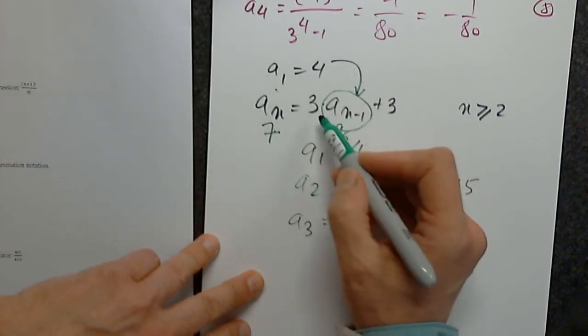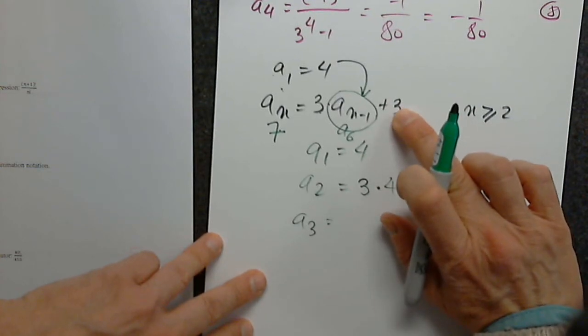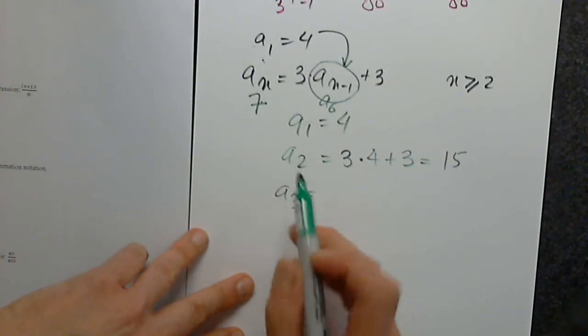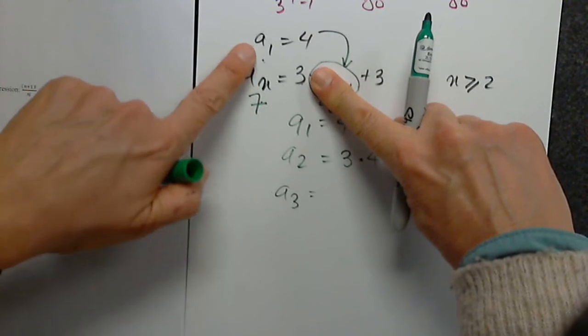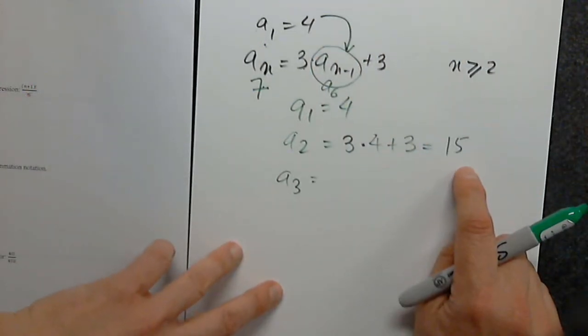Once I find the 6th term, it will be 3 times the 6th term plus 3. So that's why a sub 2 is 3 times the first term plus 3. And that's how I get 15.